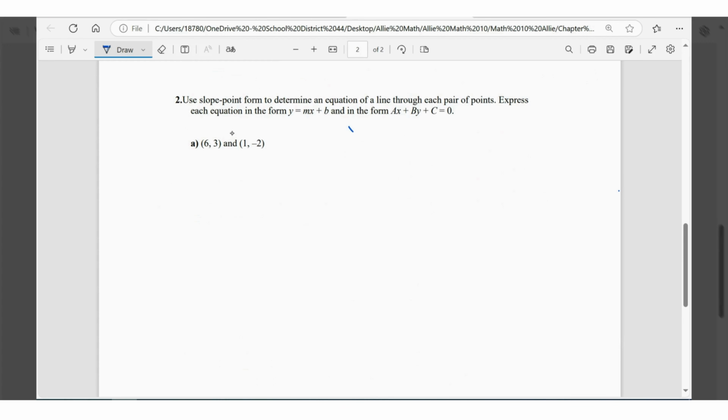Remember that y2 subtract y1 over x2 subtract x1 is going to equal the slope. So we can use that to figure out the slope. And then we can use actually either of these for our slope point form. They're going to start out looking drastically different, but they'll end up in the same place.